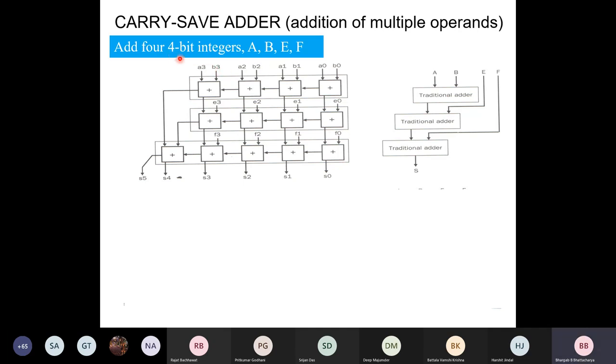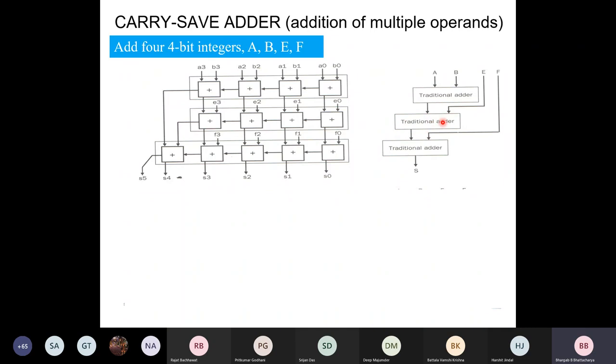Each block produces 2 outputs, sum output and carry output.